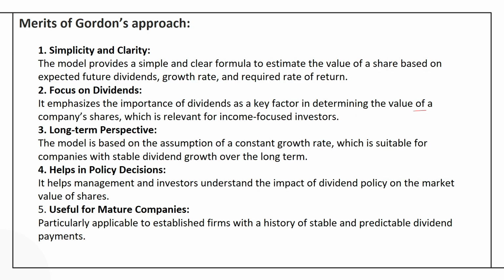This model has also taken a very long term perspective, because it is based on the assumption of a constant growth rate, which is suitable for companies with a dividend policy of stable dividend growth over the long term. So, this kind of company which is not going to pay irregular dividend, where the dividend payment is directly linked with the earning proposition, can follow the Gordon's approach for finding out the value.